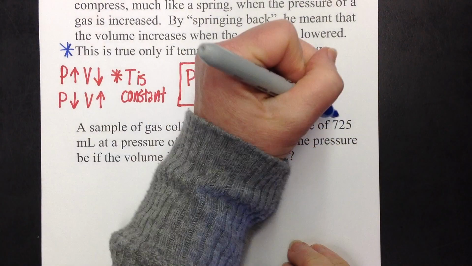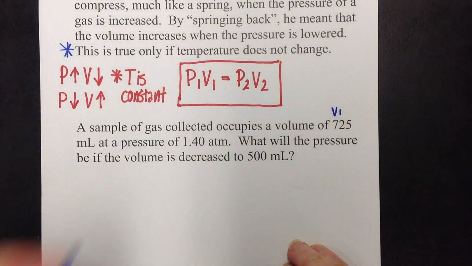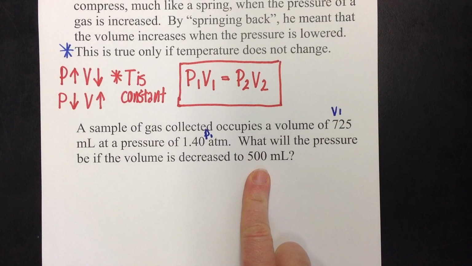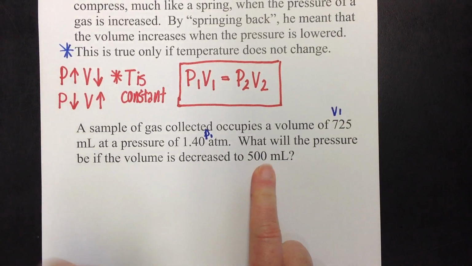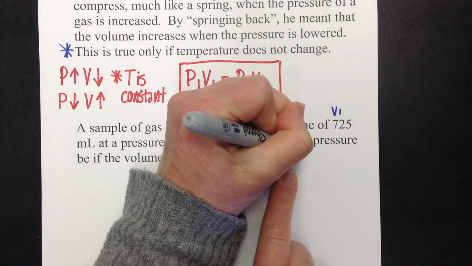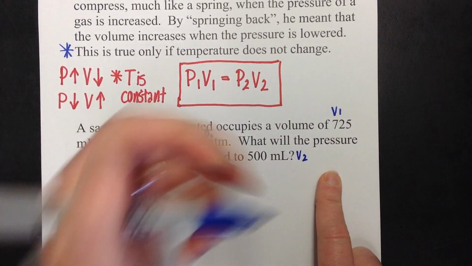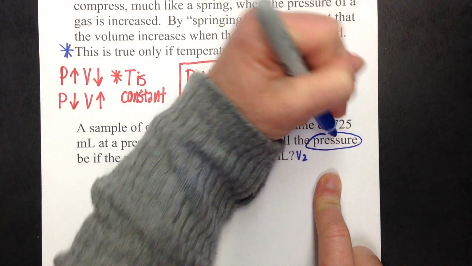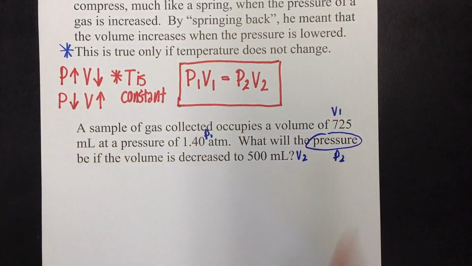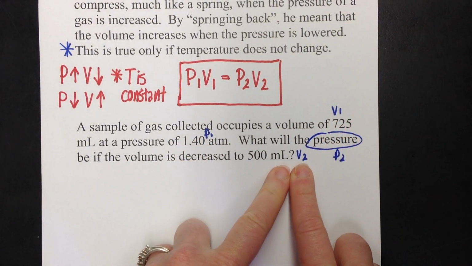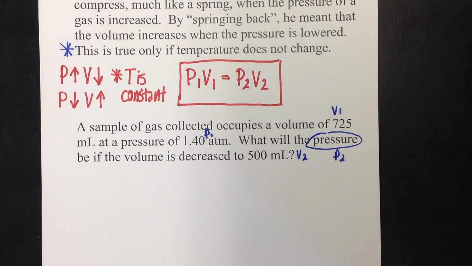So I'm going to make this my V1 and my P1. And then whatever is left over has to be the 2's. Since this is a volume, this would be V2, and it looks like they are asking me to solve for pressure, so that would be P2. So find the things that go together, make those your 1's, everything that's left are your 2's. That just makes reading through the word problem a little bit easier.